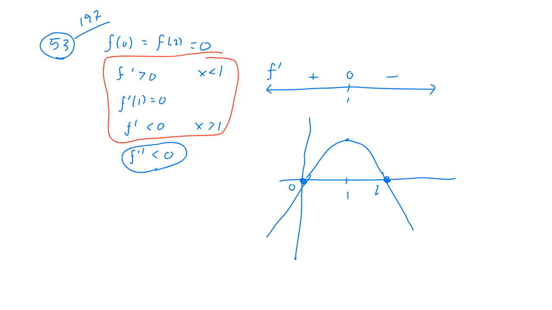And f prime is less than 0 when x is bigger than 1, so the function is decreasing. That matches up with our idea of what happens with the first derivative test. If the derivative is positive and then 0 and then negative, then that means that I have a relative max. And then f double prime is negative, which means the graph is concave down. So that looks good. Gisva?